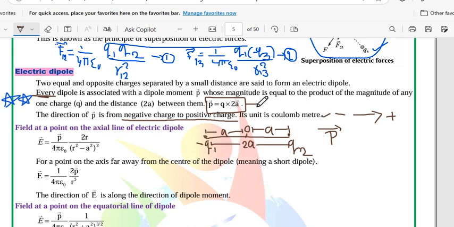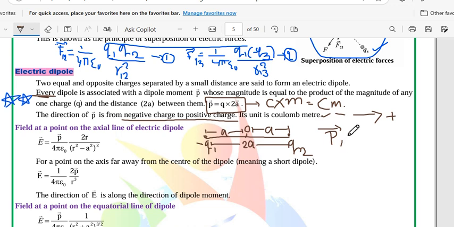Considering the dipole moment P bar, what is the SI unit of Q, I mean charge? That is coulomb, and distance A will be in meter. So the SI unit of dipole moment is coulomb meter. Have you got this? And can you just guess the dimensional formula for electric dipole?